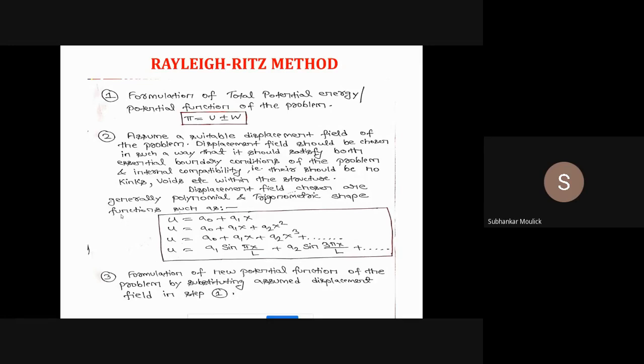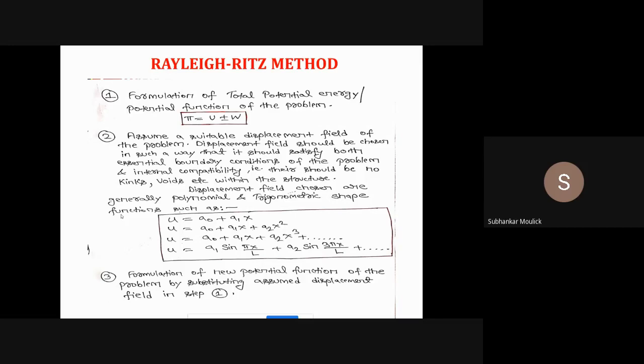Rayleigh-Ritz method uses the concept of potential energy approach. That means in this method, I have to convert my governing differential equation into an integral form.